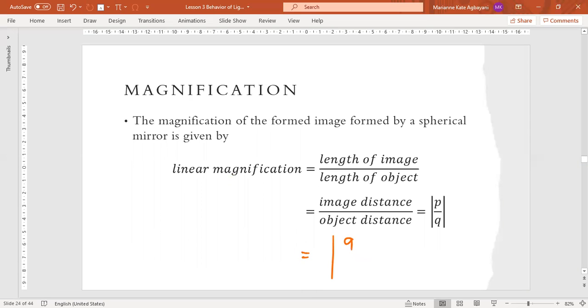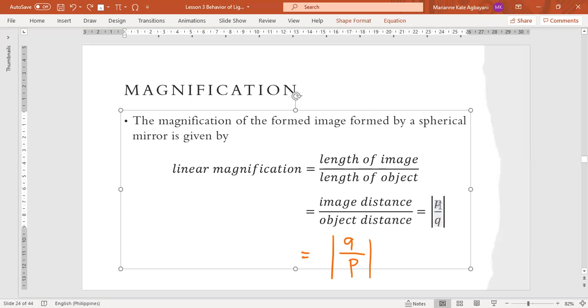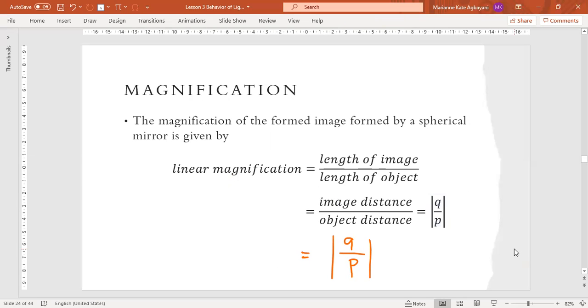Okay, this is Q over P. Let's check that one. That is Q over P.